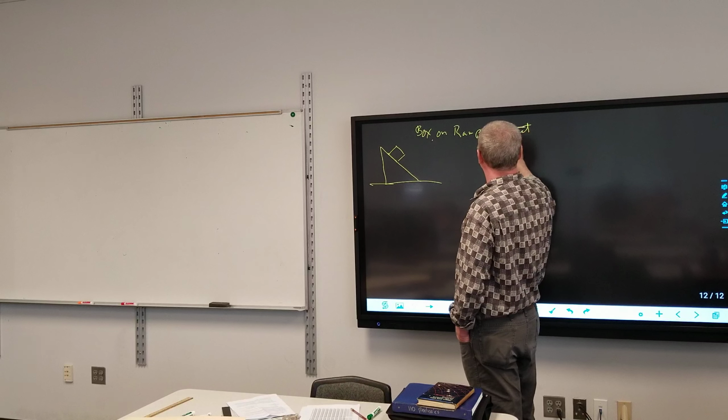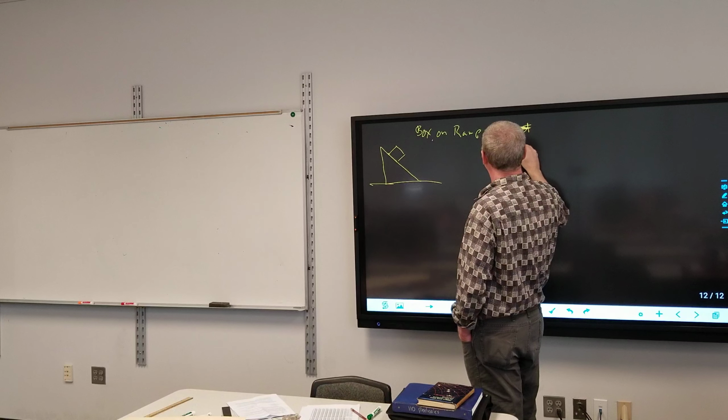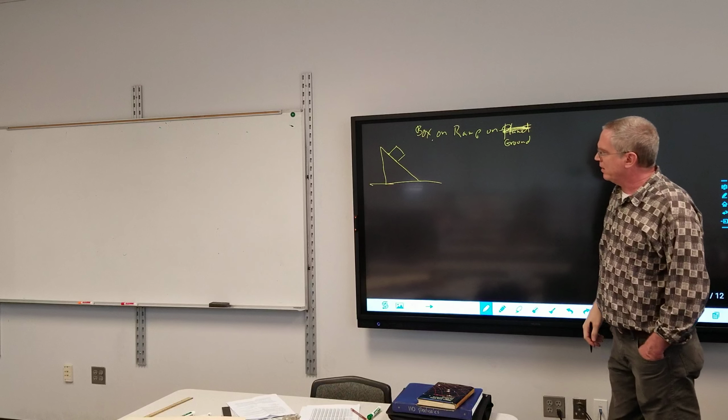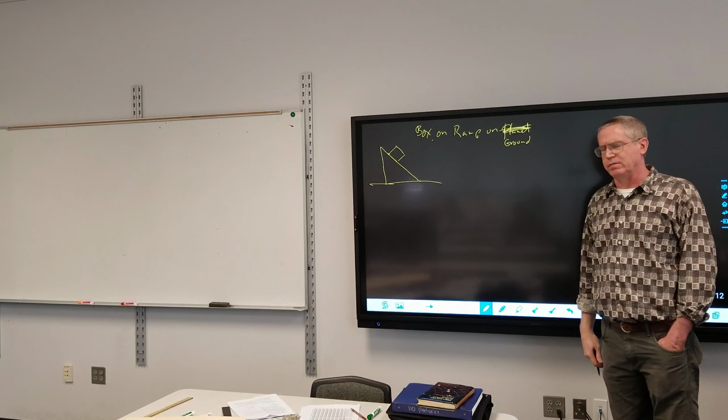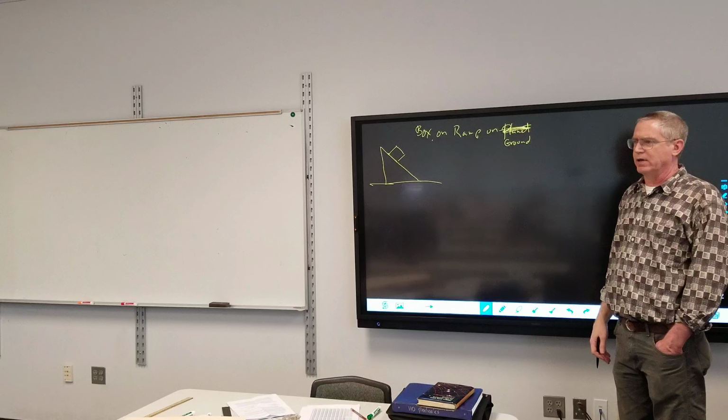Or I guess I was using ground before. And it might look like I'm trying to put a curvature to the planet, but I'm not. It's supposed to be a straight line.